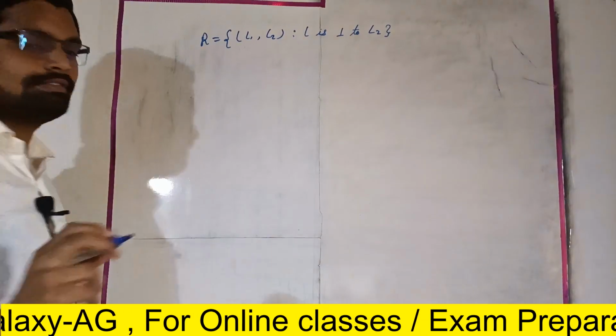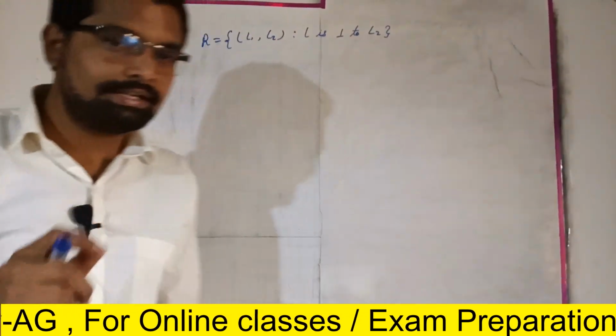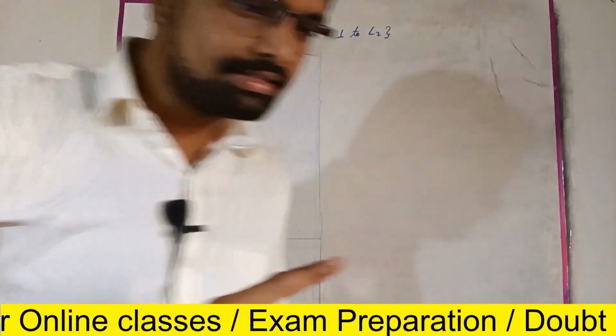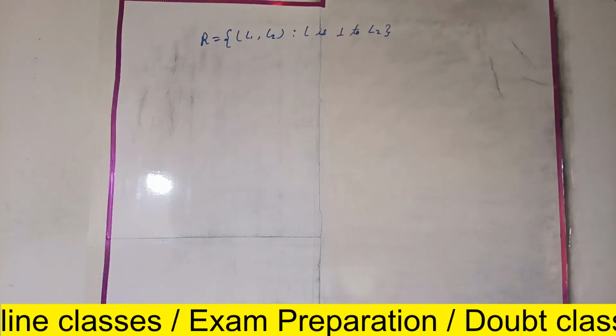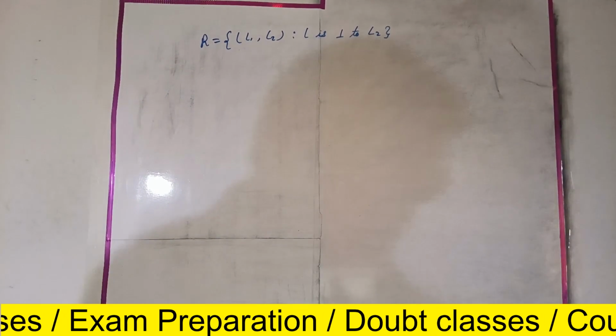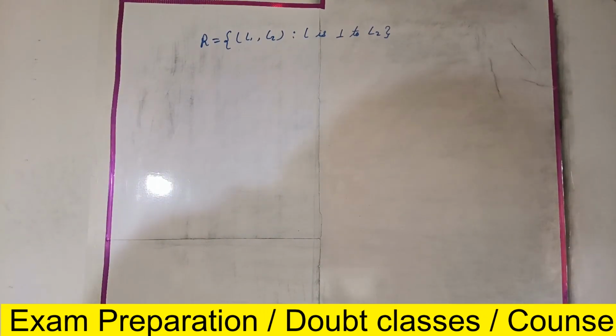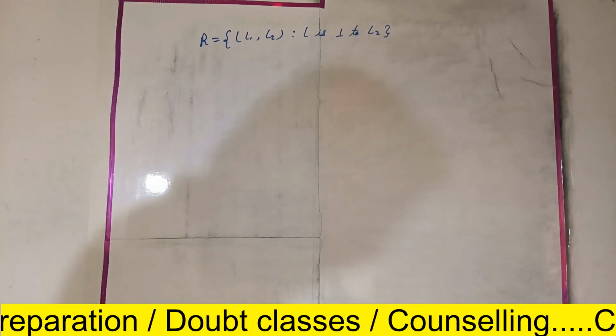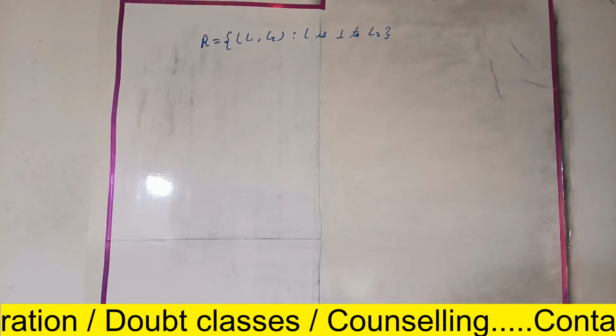This relation is given. We have to show that this relation is symmetric but not reflexive and transitive.